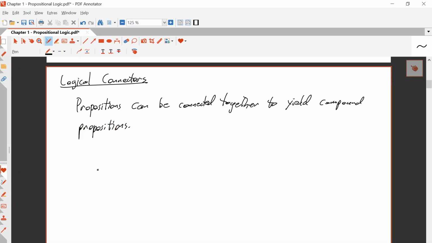So the first connector that we're going to talk about is conjunction. So conjunction is symbolized by this and means "and" in the English language.